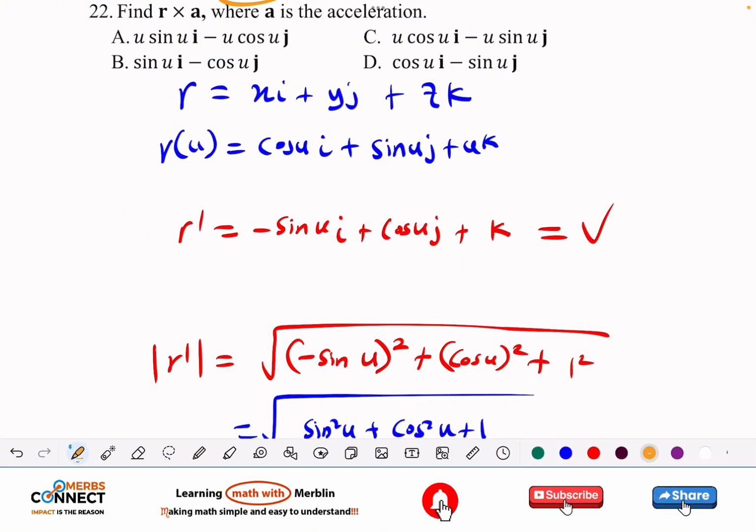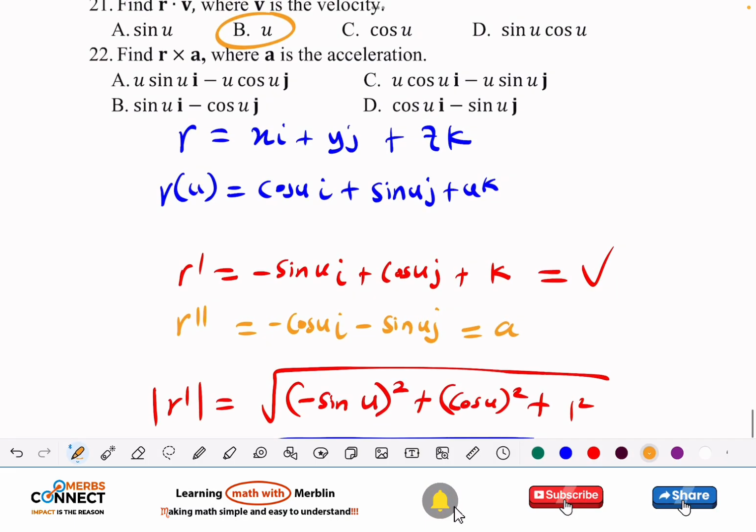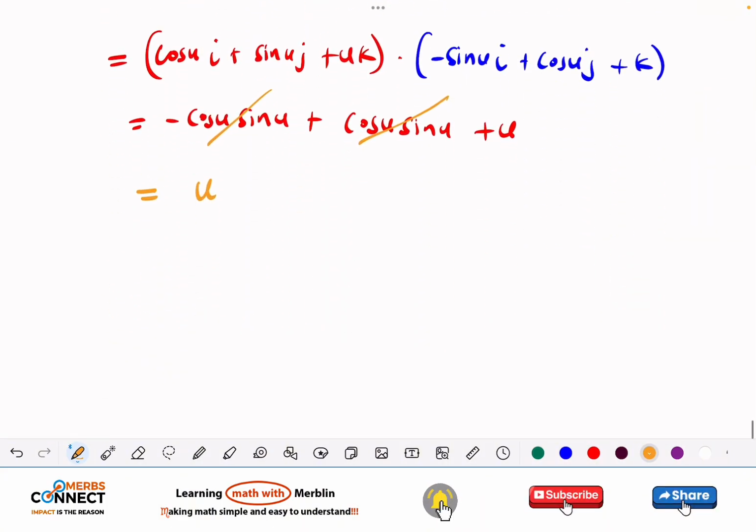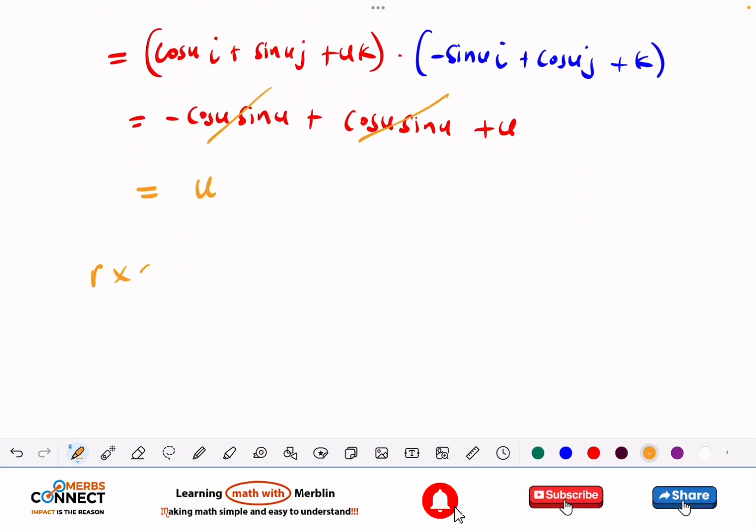So we need r prime prime. Differentiate this, you get cos. Differentiate this, you get minus sine. And then when I differentiate it, this one will be constant, so 0. So this one becomes the acceleration. So we need r cross this. So let's do that. We need r cross a, which is the same as r cross r prime prime.